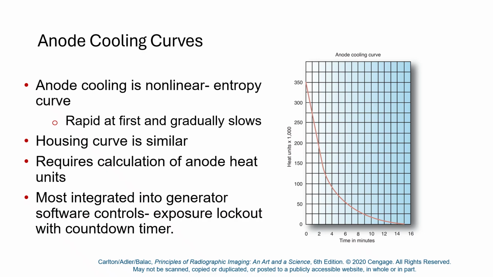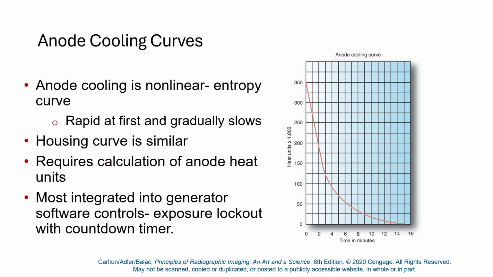And this always happens. A physicist would look at this, even with the labels removed, and say, oh yeah, that's a hot object cooling off. This is the cooling curve for that object. So it's not specific behavior to our anode wheel.